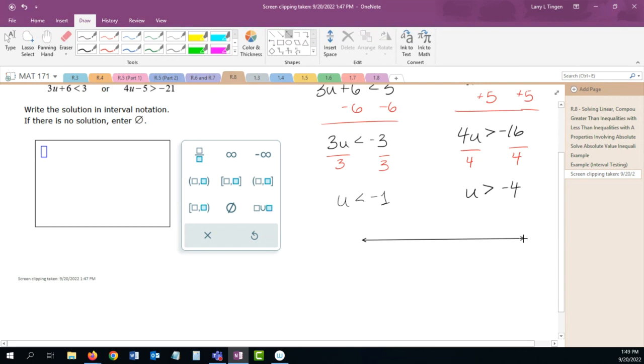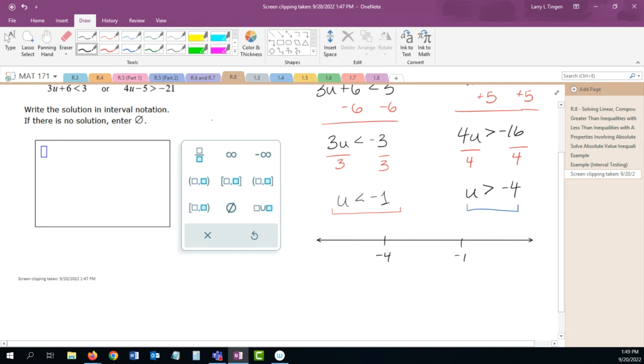I really like doing the number line when I get one of these because of the special case of what's happened in this problem. And because it just helps you with your ideas here. So I'm going to do the less than negative 1 in red and the greater than negative 4 in blue. These are the two numbers that I'm going to encounter.